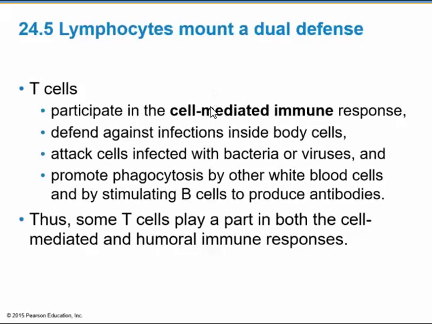T cells participate in the cell-mediated immune response. They attack specific cells, the cells infected with bacteria and viruses. They defend against infections. And they promote phagocytosis. They tell other white blood cells to eat the foreign cells. They also release chemicals that stimulate B cells to release antibodies.